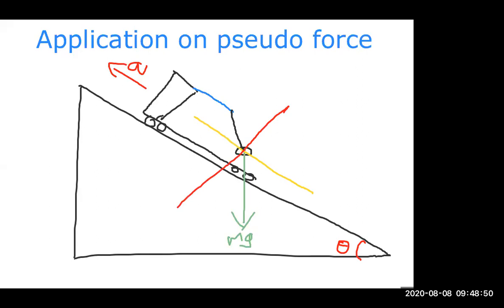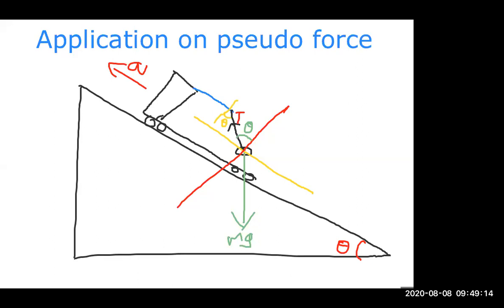Now the angle the pendulum is making with the vertical, let me take it as theta. If this angle is theta, obviously this angle is also theta, since opposite angles are equal. Inside the string, an internal force is developed, which is called tension.